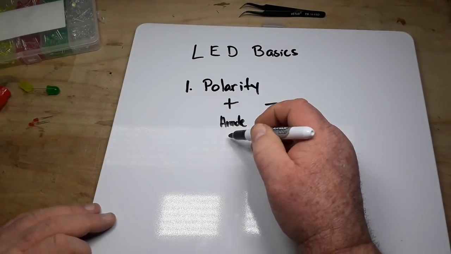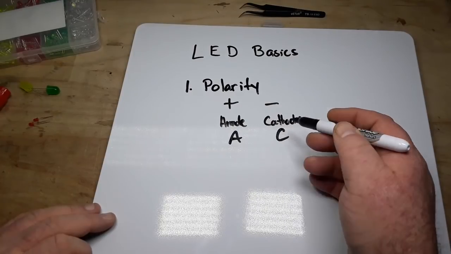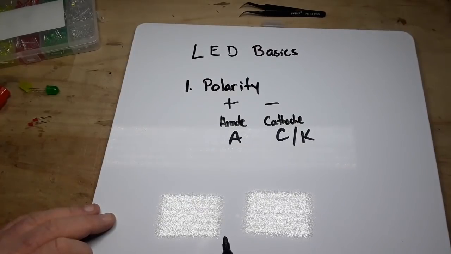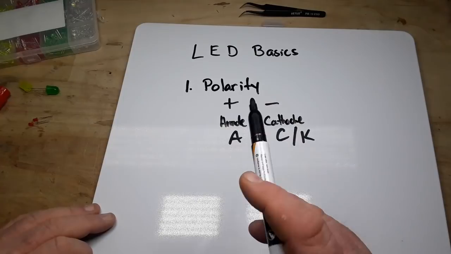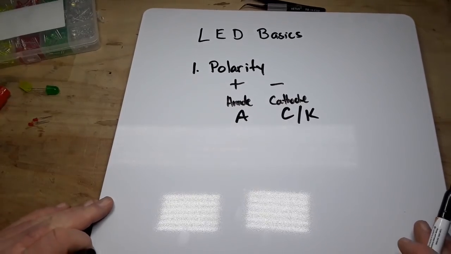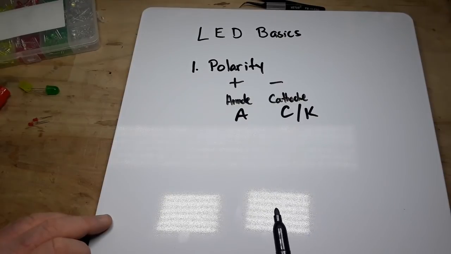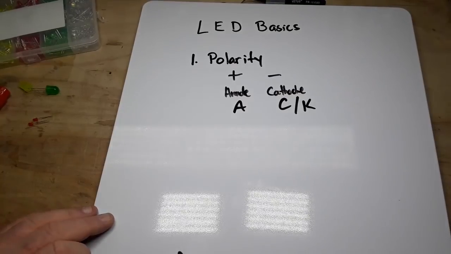They are sometimes abbreviated as A and C, and sometimes in older drawings or older gear, you will see the C sometimes listed as K. But just remember, A is positive, anode positive. Positive, positive, positive. So if we take a look at what the inside of an LED looks like, I'll be able to maybe help you understand it a little bit better.